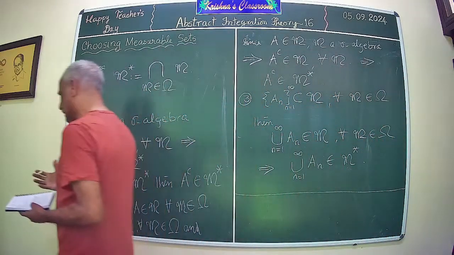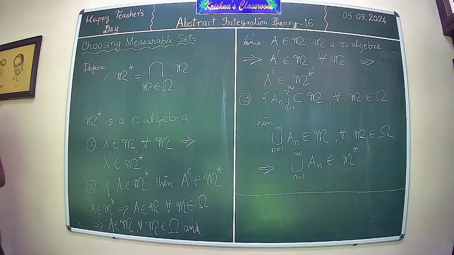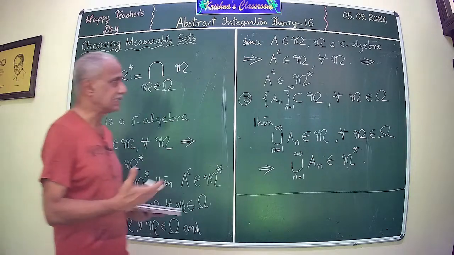And you see that this is the smallest sigma algebra that contains the given collection.